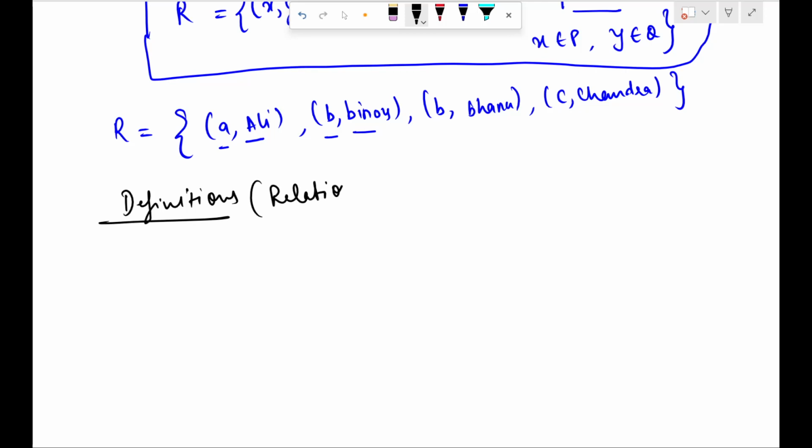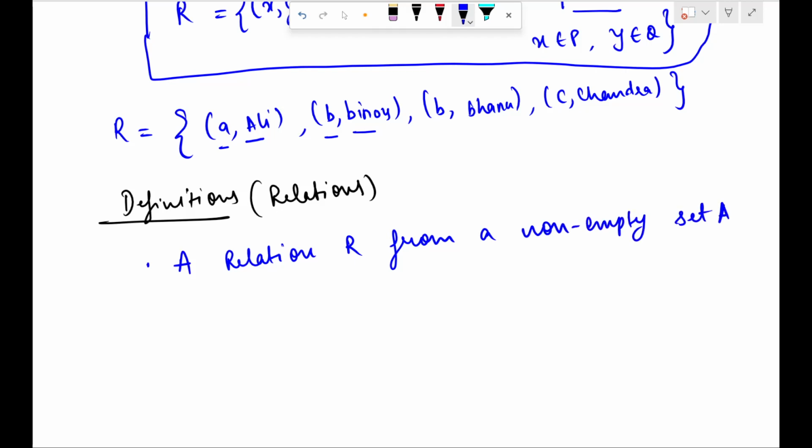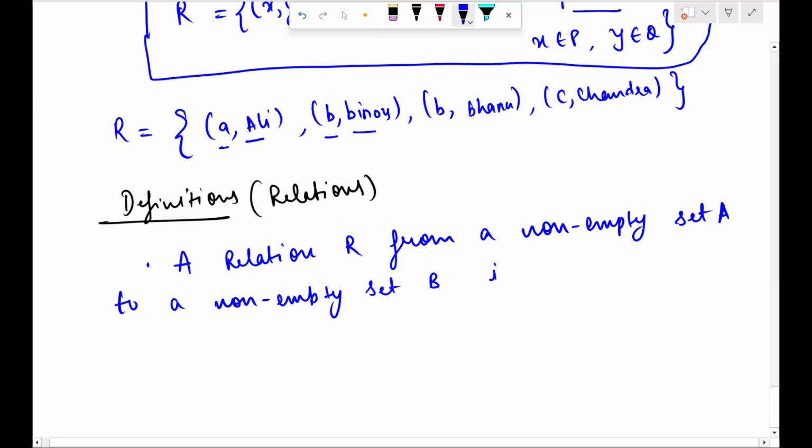A relation R from a non-empty set A to a non-empty set B is a subset of the Cartesian product A cross B, which we have already discussed.